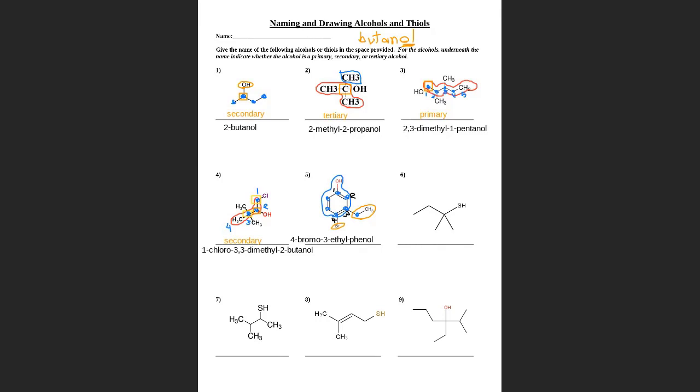And one could try to call that a secondary alcohol. Typically, we don't really talk about that. It's not strictly speaking a secondary alcohol, because whenever it's bonded to an aromatic ring, a phenol actually behaves differently than a secondary alcohol.